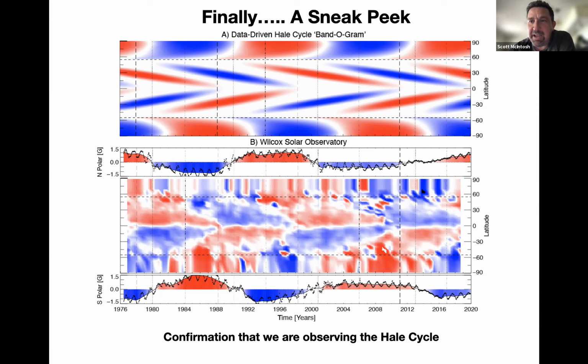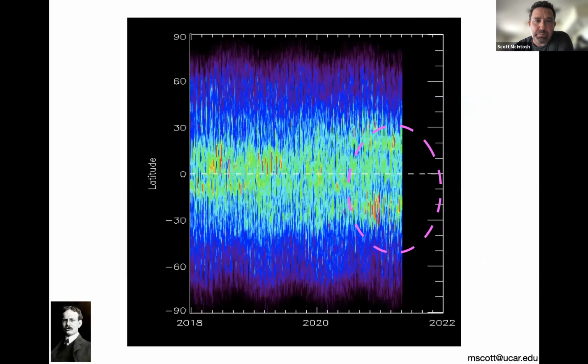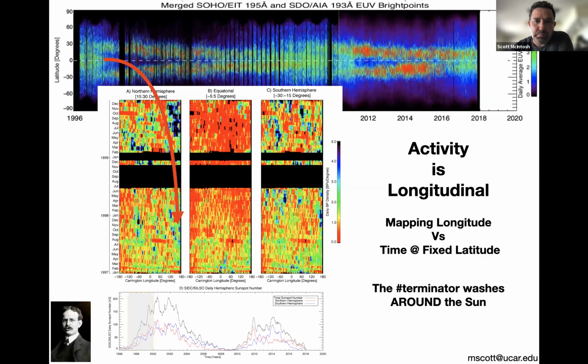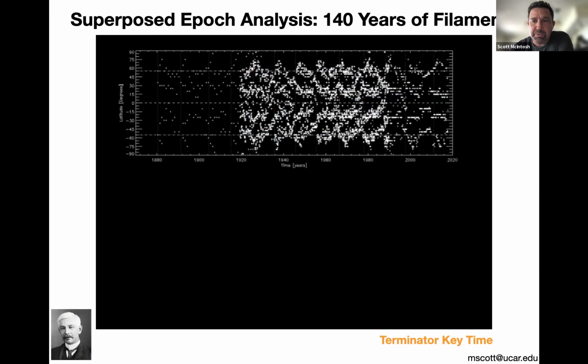And in fact, if you look at that Wilcox data, you can actually cleanly see the termination points, where basically the toroidal field goes through 0 at the equator, if you track along the equator. So there's something intrinsically different about what we're saying. If I go back, I'm going to scoot all the way back to here.